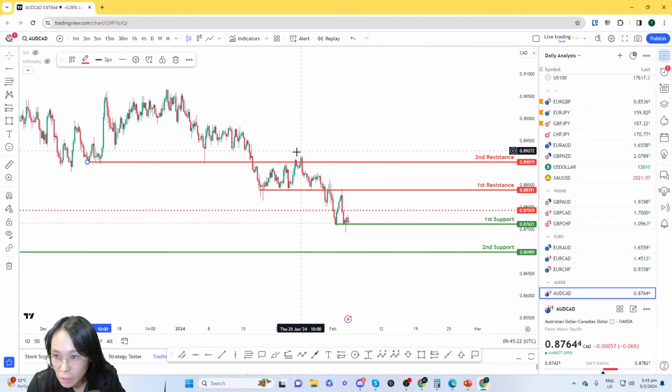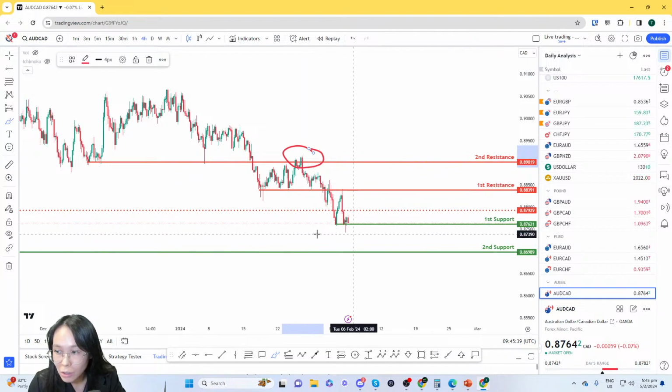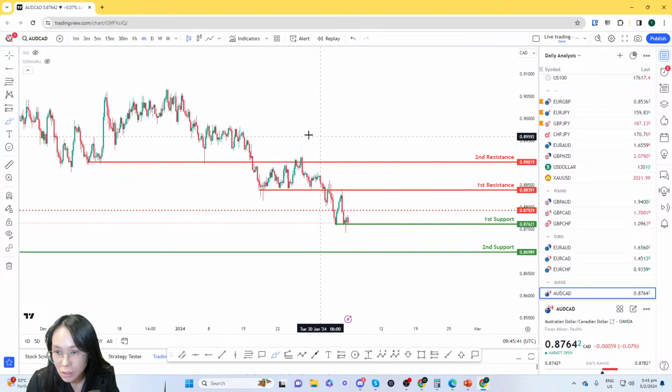I would say this one. This small little breakout here is kind of like a fake breakout, because it didn't really break out. After just half the candle popping out, you reverse all the way back to our first support level.